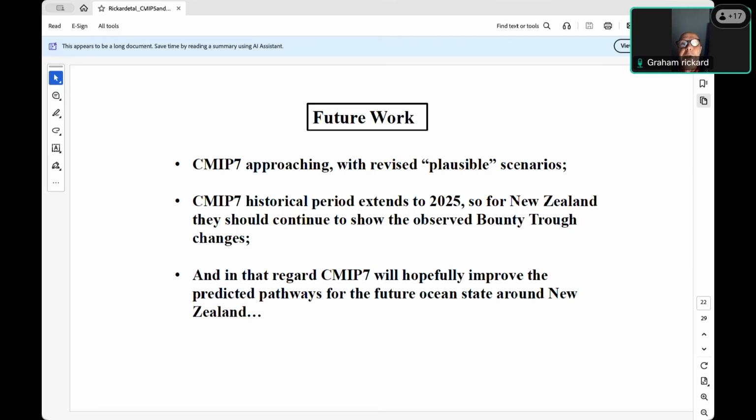And so that would be quite a good test for us to understand how well the new CMIP 7 models continue to represent the flow around Bounty Trough as we saw between CMIP 5 and CMIP 6. And in that regard, we hope that CMIP 7 will help the predicted pathways for the ocean states around New Zealand. So hopefully, if anyone has the energy to pick this up, we can provide much better advice in terms of future states for the New Zealand Ocean. And I think that's it.